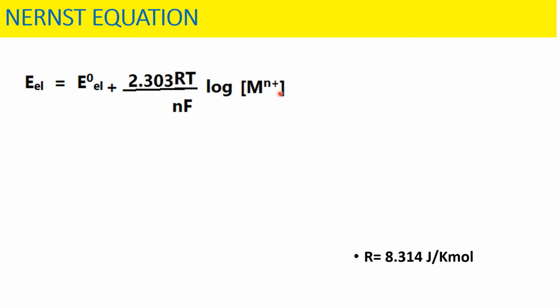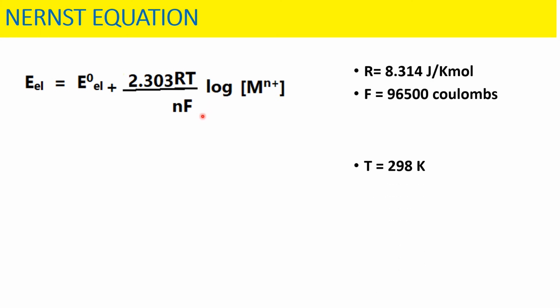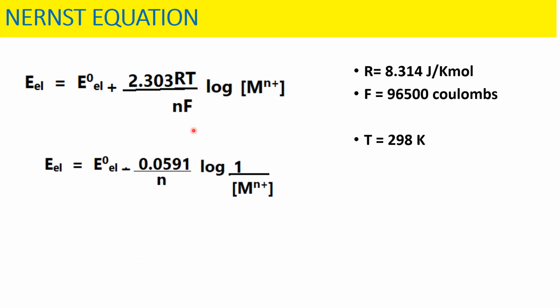Here R is the universal gas constant, 8.314 joule per Kelvin per mole, and F is the Faraday constant, 96,500 coulombs. If the temperature is kept constant at 298 Kelvin, the Nernst equation is simplified as E is equal to E0 minus 0.0591 divided by n log 1 by concentration of Mn+.